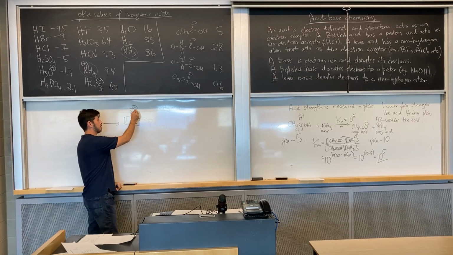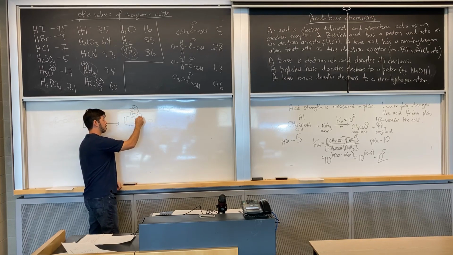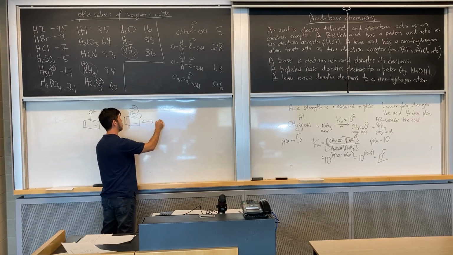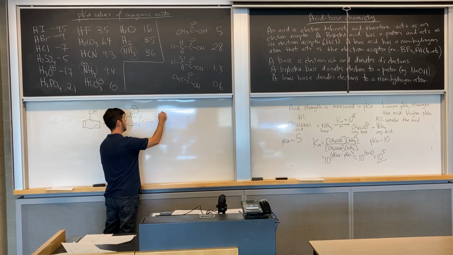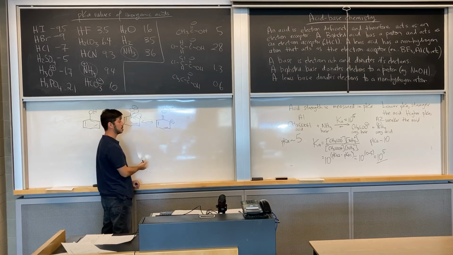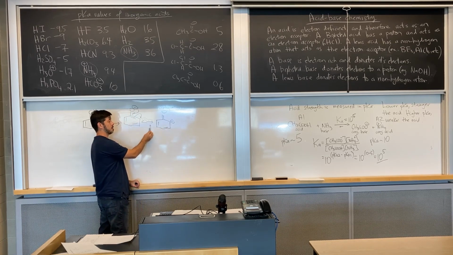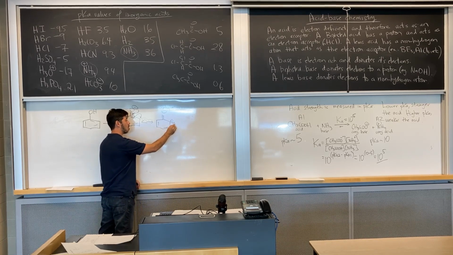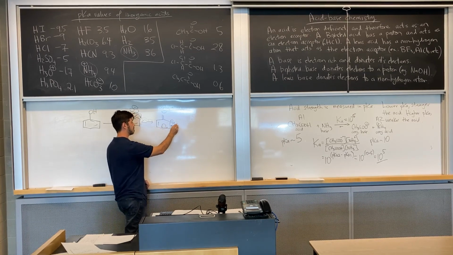Well, you can see here that you can draw many different resonance structures, right? You can actually put the negative charge onto that carbon. Note that I'm using the resonance arrow here, or you can put the negative charge on this carbon.